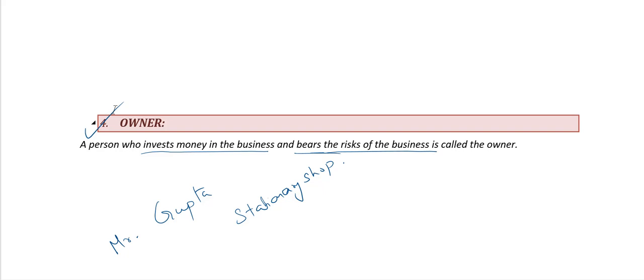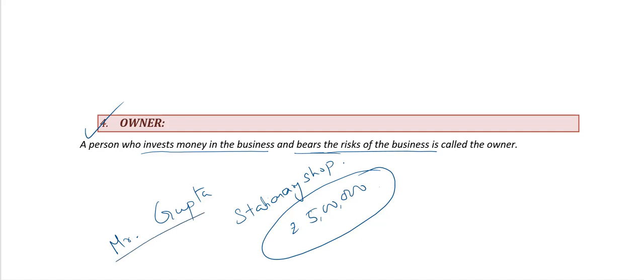Let's say he invests rupees 5 lakh to start this business. Now Mr. Gupta has invested rupees 5 lakh in the stationery shop which he is going to start, and he will be bearing all the risks. If there is a profit, he takes it, but if there is a loss, he has to bear the risk of loss. Mr. Gupta is the owner of the stationery shop business.